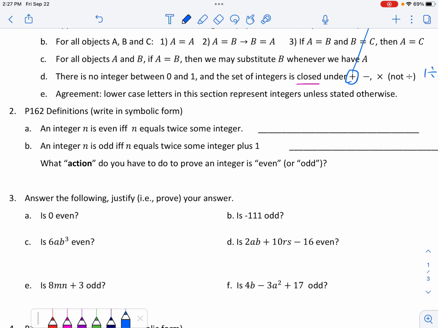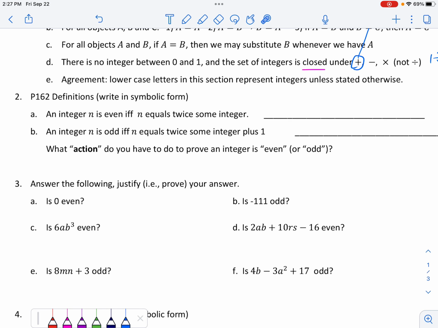Now let's introduce the first definition. By the way, definitions are the building blocks of all the other results. So we always begin with definitions, and then using definitions we derive some results. Sometimes we call it a theorem if that result is big enough.